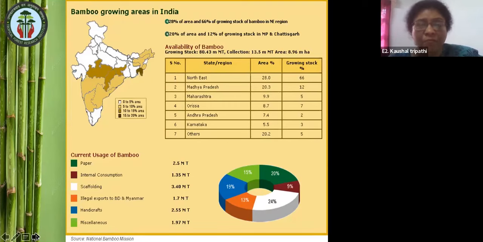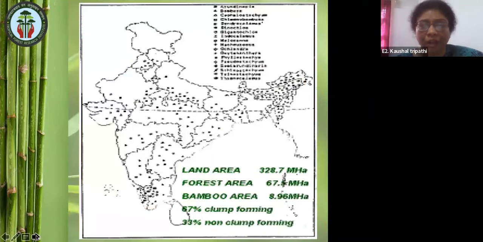And for the current usage of bamboo, according to the National Bamboo Mission, maximum bamboo usage is for scaffolding purpose, which is 3.40 metric tons, followed by handicrafts, then paper, and many other uses for bamboo consumption in India. Next slide, please. And this is again a map of India showing the distribution of bamboo in different localities.